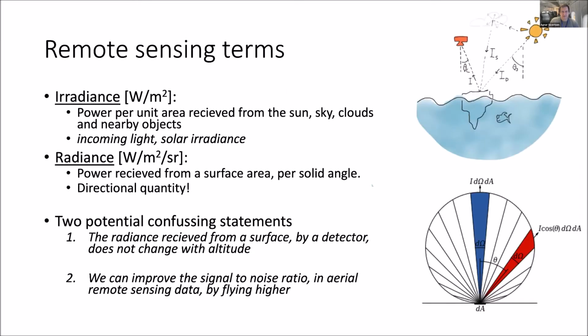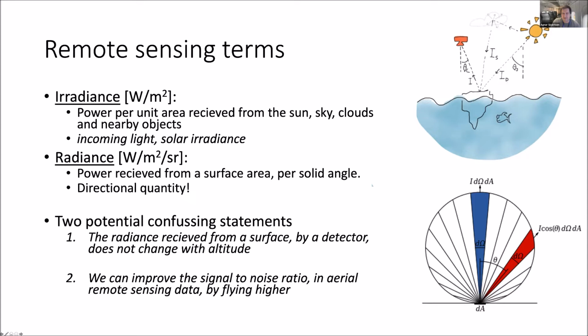Then I will go through three or four very important terms. The first you will hear about is irradiance. Irradiance is measured in watts per square meter. It is the power that is received by an area or an object from the sun, sky, nearby objects or clouds. On the top right here, I have a simple sketch.